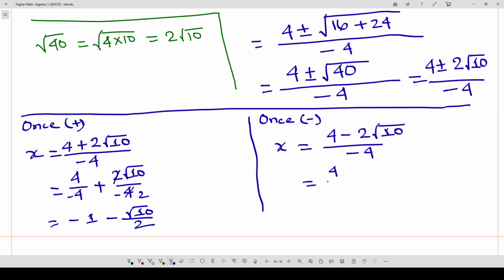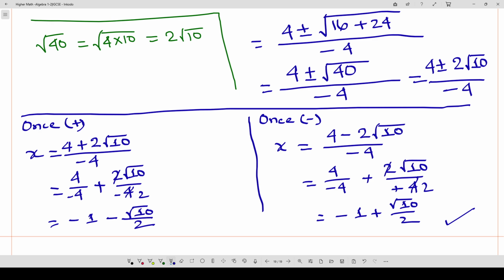So 4 divided by minus 4, and here is a minus, 2 root 10 divided by minus 4. So this minus and minus will become plus. So here is minus 1, and then plus 2 by 4 is 2. So root 10 by 2. This is our answer.